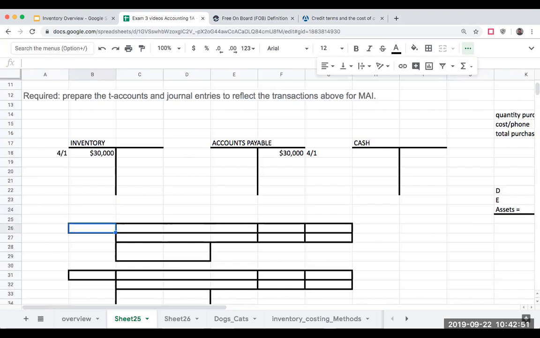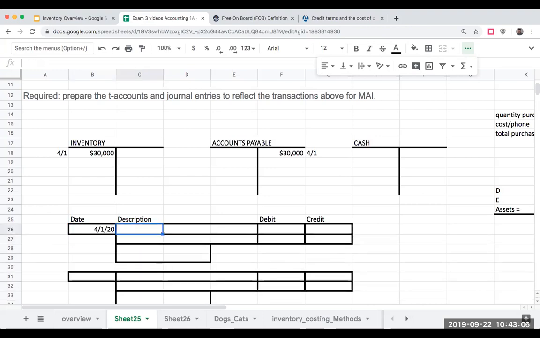So if I'm doing a journal entry on April 1st, I'm debiting inventory for $30,000. And then I'm going to credit accounts payable.